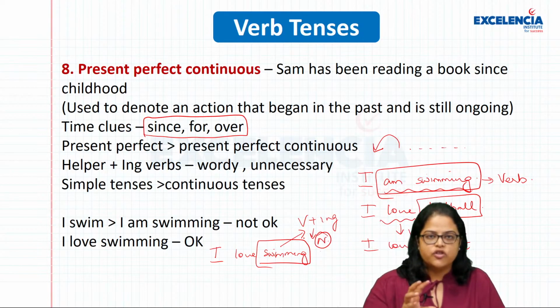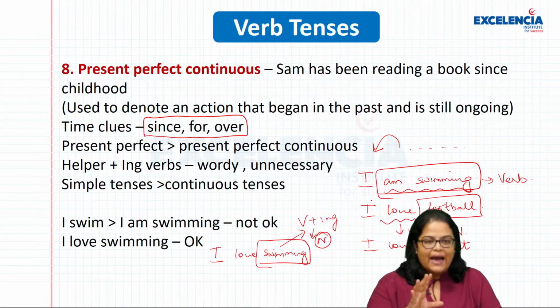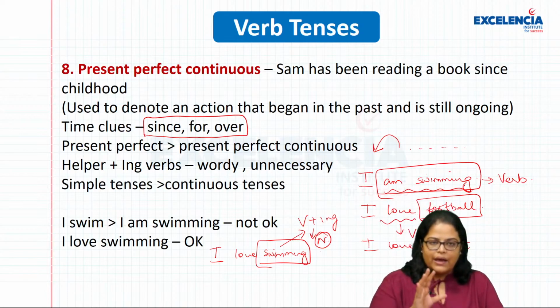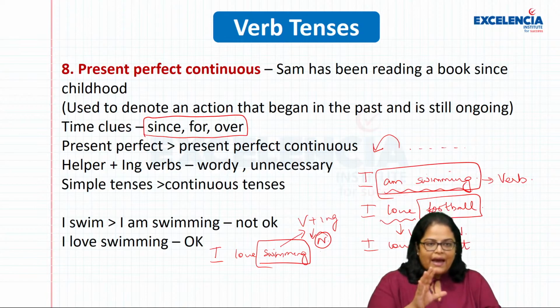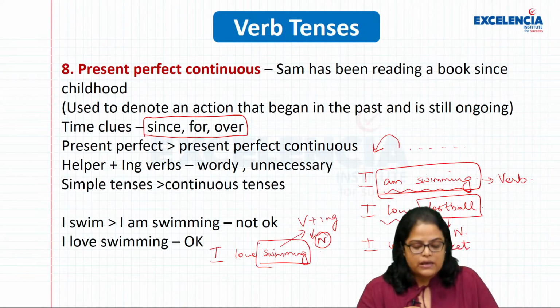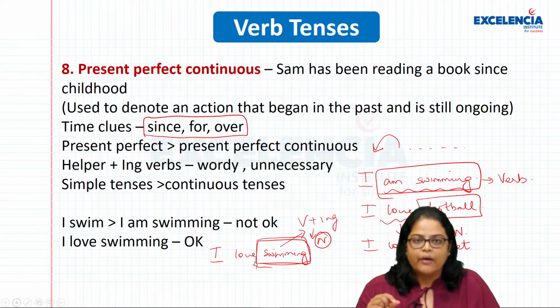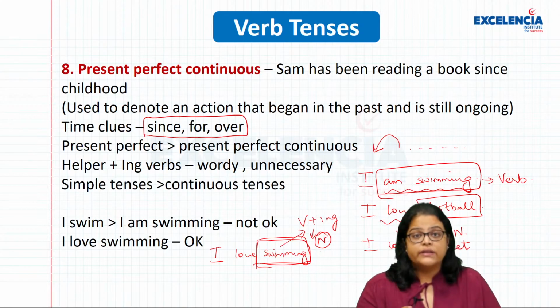Okay, so I had touched upon this in lecture 1. I'm again repeating myself. When I say I am swimming, it is a verb. But when I said I love football, football was my noun. Similarly, I love swimming. It's the name of a sport that I love. So swimming is acting like a noun there. Aditi, I grew up all my life thinking swimming is a verb.